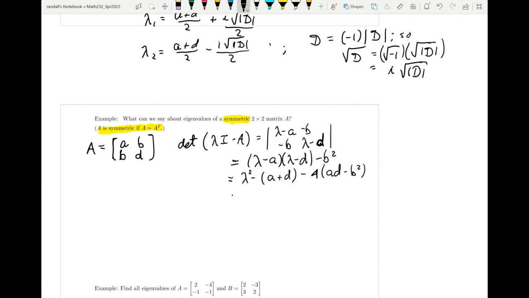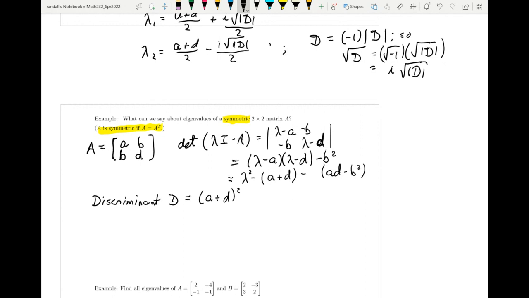So what we want to study now is the discriminant of this particular polynomial. Remember it's (a plus d) squared minus 4 times (ad minus b squared).